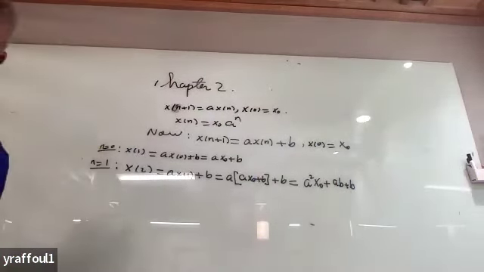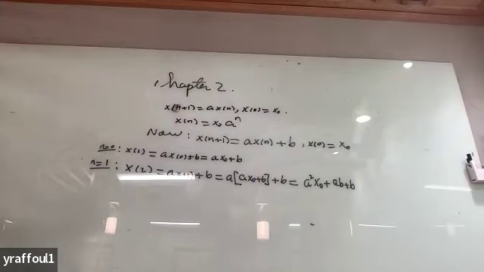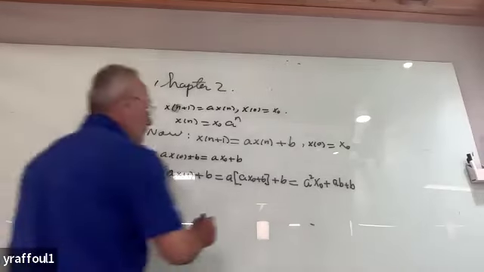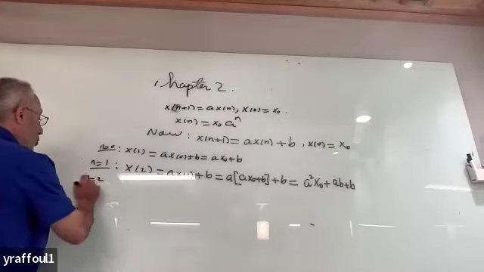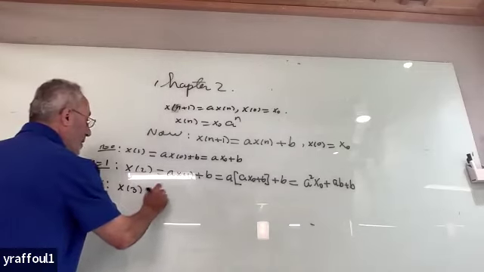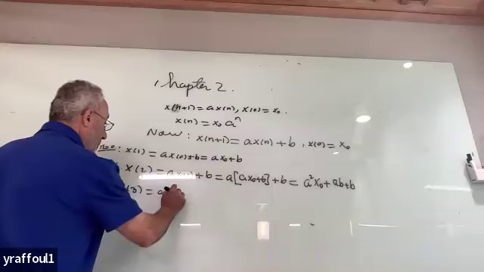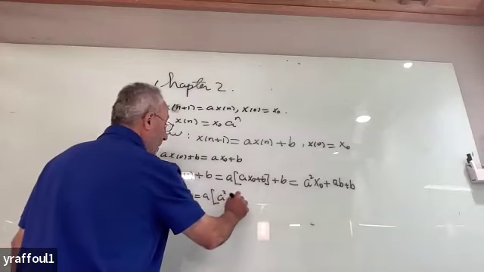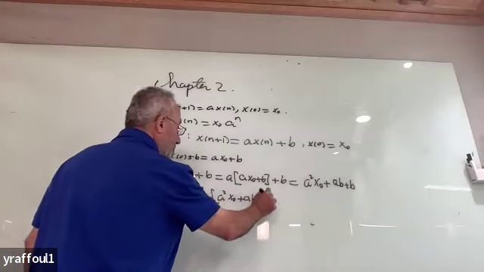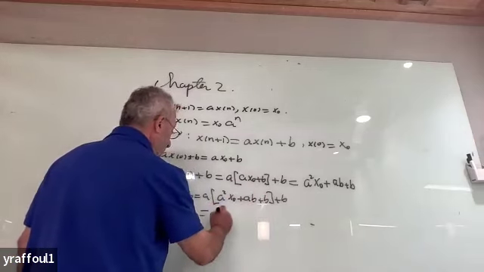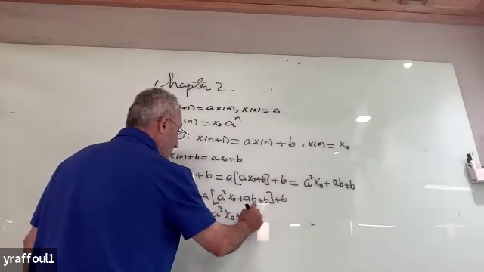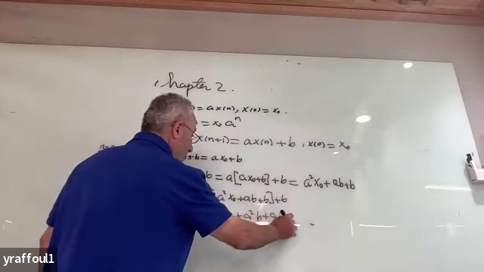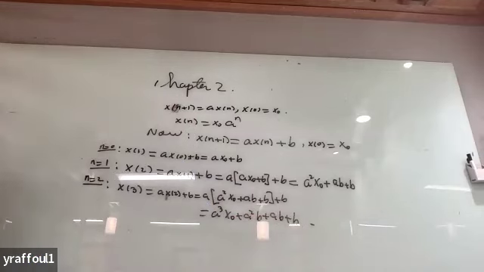Okay, does anybody have any questions? Now for n equal to 2, x3 equals a x2 plus b, which equals a times (a squared x naught plus ab plus b) plus b, and that is a cubed x naught plus a squared b plus ab plus b.